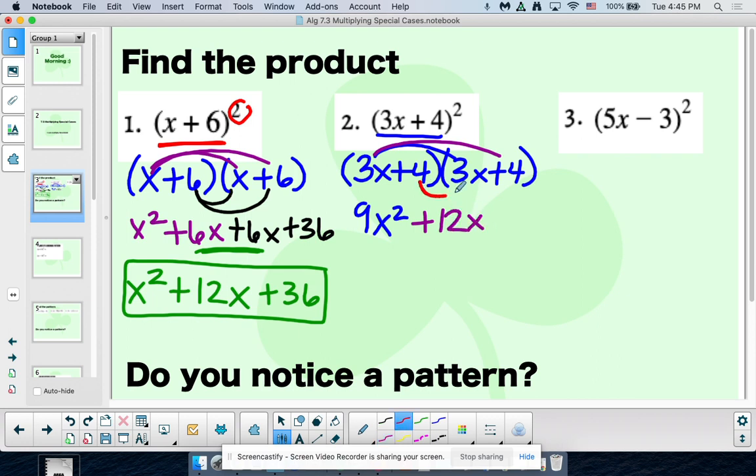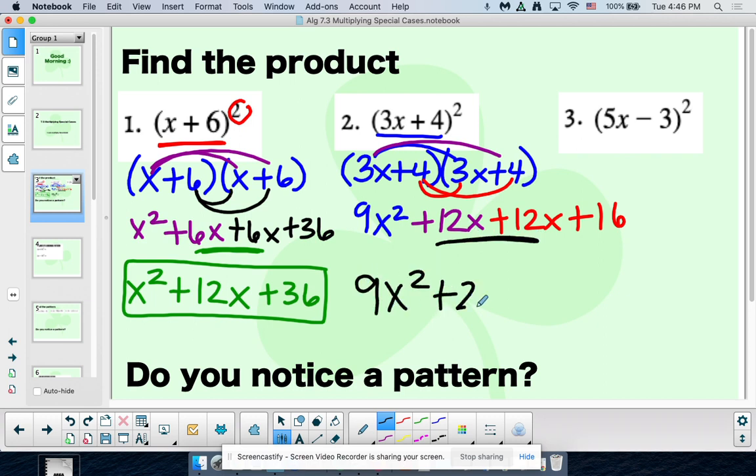Go through with our 4. 4 times 3x is 12x. And 4 times 4 is 16. From here, we'll know that our middles are combined. So 9x squared plus 24x plus 16.